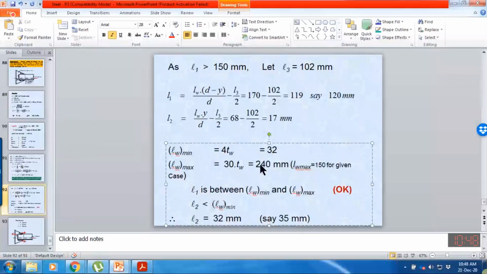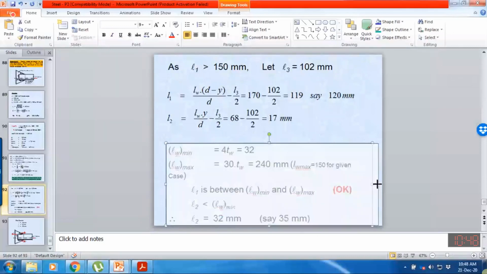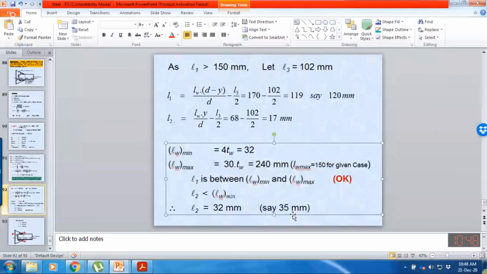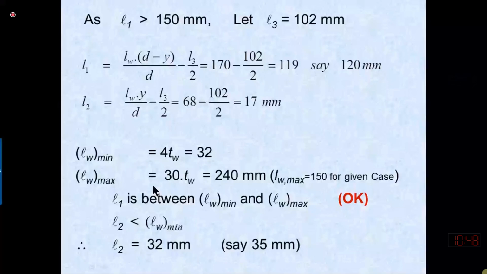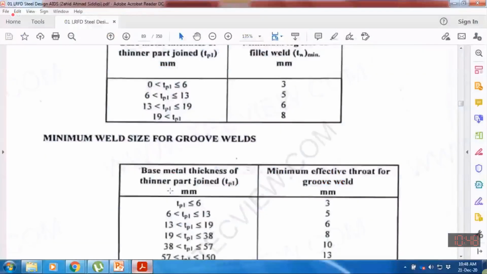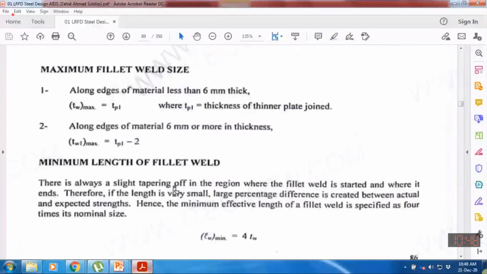But for a single weld with one length, LW minimum is 4 times the thickness of the weld. So 4 times the thickness of the weld is 32 and LW maximum is 150 in our case.